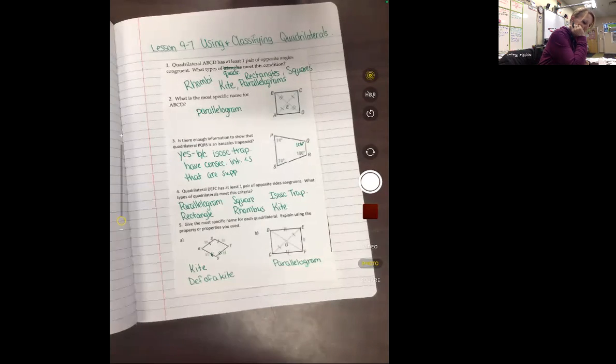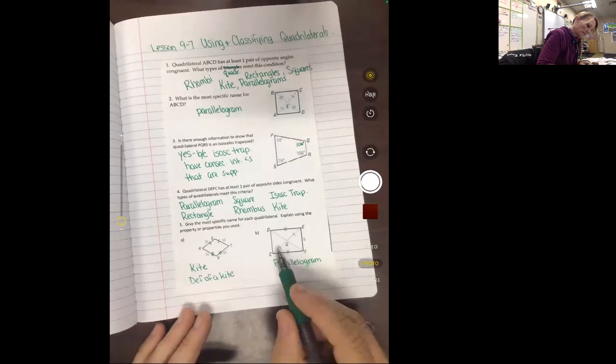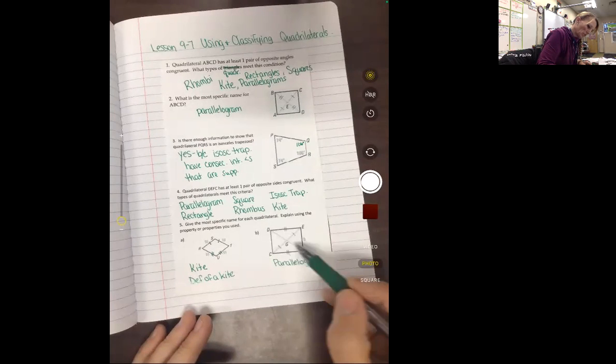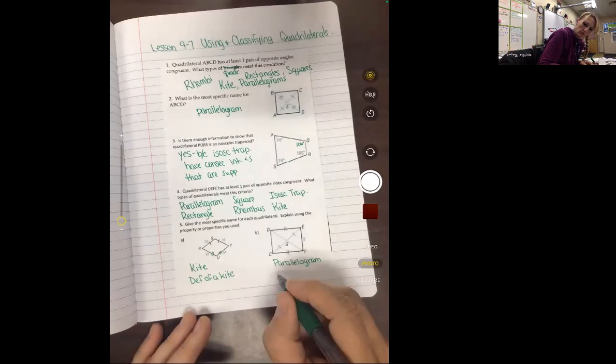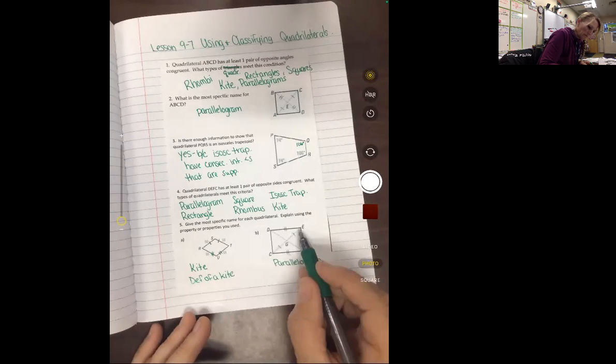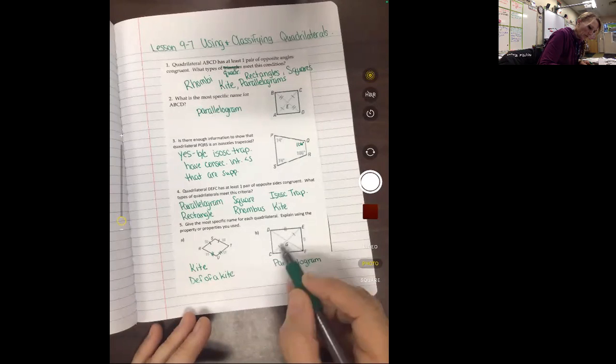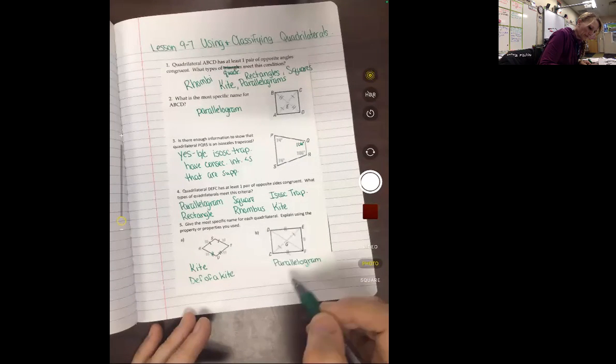I don't know that we can classify this at all, because we don't know that this one is bisected. So I'm going to put on here we can't prove triangles congruent.